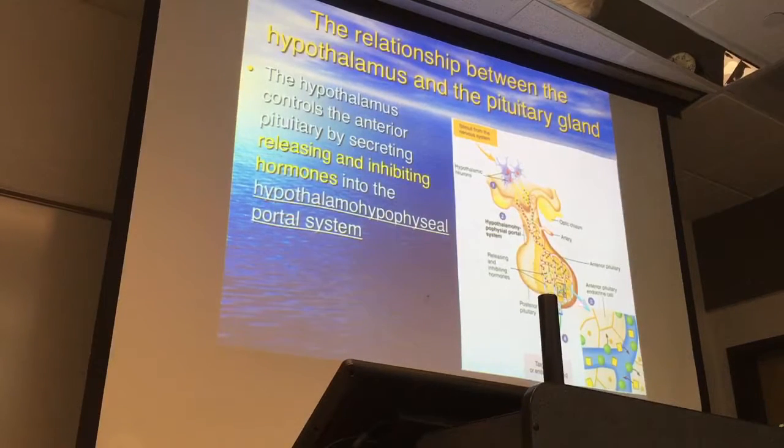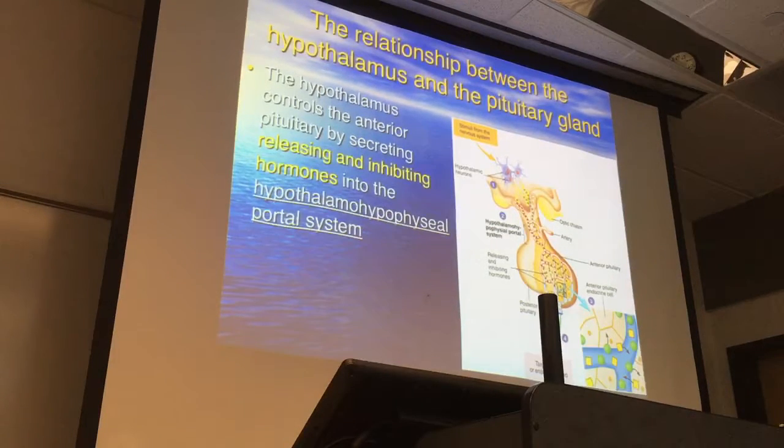The anterior pituitary is controlled by hormones secreted by the hypothalamus into this capillary bed that come out, diffuse out here, and affect the cells there. Now, the book gives you a tongue twister name for this portal system, the hypothalamo-hypophyseal portal system.